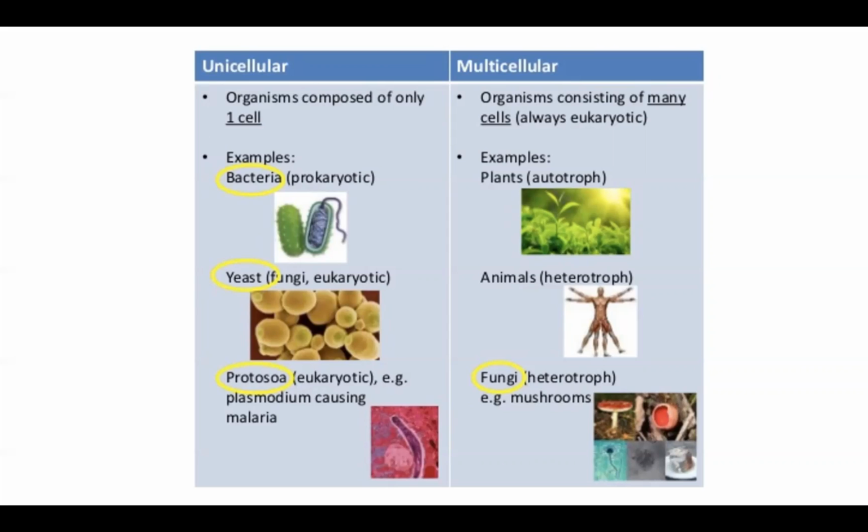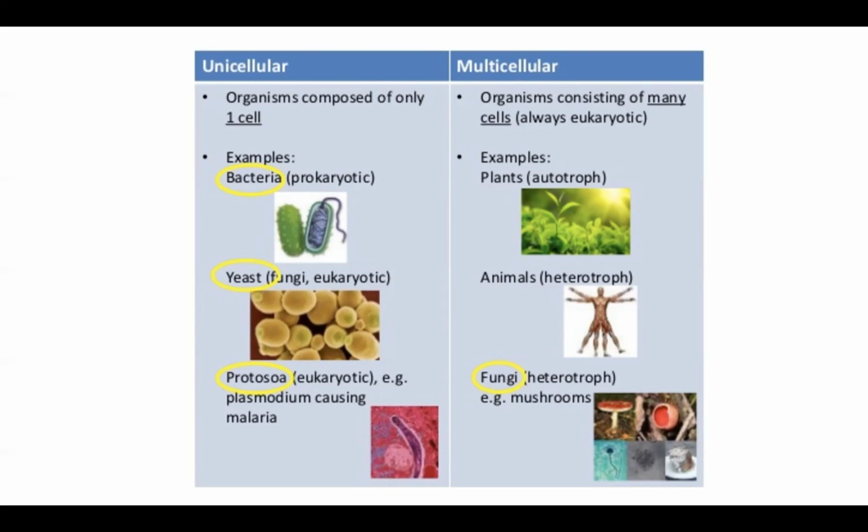This plasmodium species right here causes malaria, but there are many other protozoa organisms that we deal with in terms of parasites and transmitting diseases in underdeveloped countries where there's poor sanitation and poor hygiene and so forth, all right? So unicellular organisms.